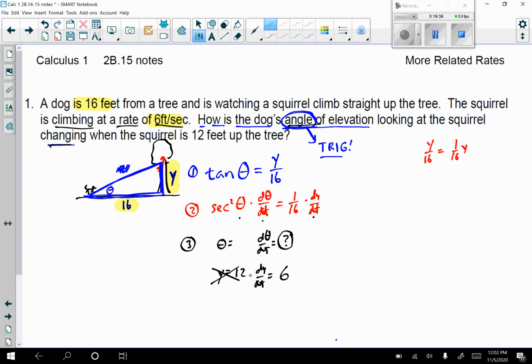We're missing theta. Here's the secret of trig. On all these problems I give you, you do not need your calculator. Usually we said if you need an original angle, look at the original equation, plug 12 in, do an inverse on your calculator, and you can get the angle. You don't need to do that. Here's the trick with trig: don't think of theta as your variable. Include its trig function.